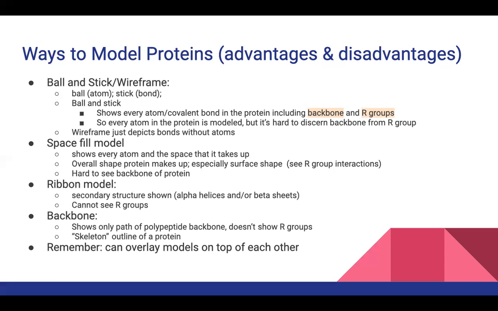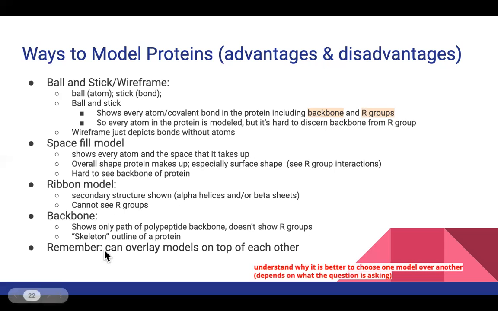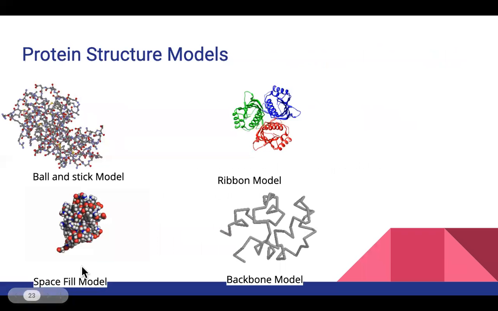Space fill lets us see the size. I think it shows us tertiary and quaternary structure, and gives us a broad sense of the size. And then the ribbon model shows us secondary structure with the alpha helices configuration. And what about backbone? Backbone is just the peptide bond. Fantastic. Beautiful job.